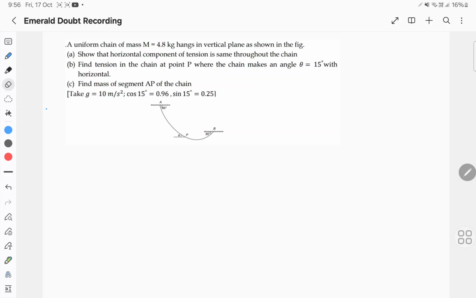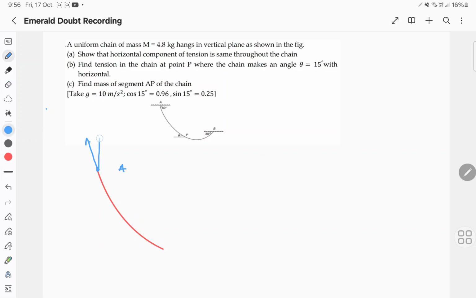Find tension in the chain at a point P where the chain makes an angle theta equal to 15 degree with horizontal. So that's the figure given. We'll just redraw the chain. And again say this is T1 tension, this is at the point A, at the point of suspension.